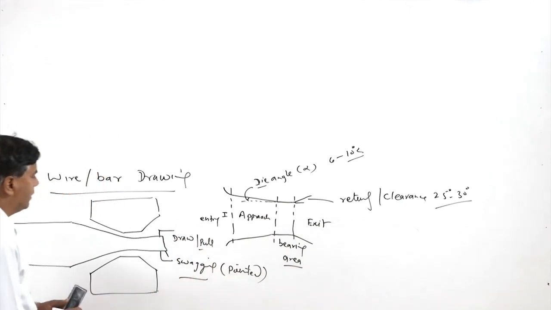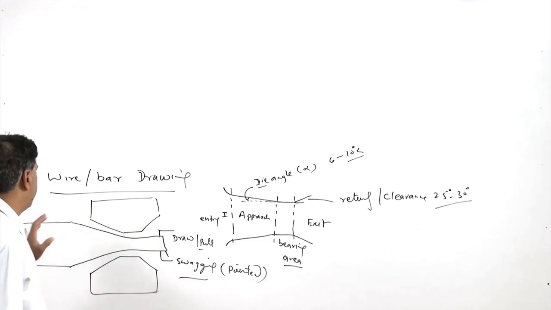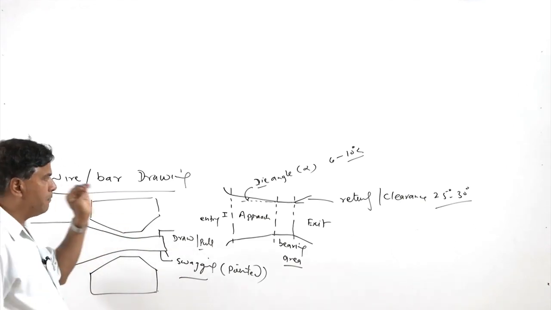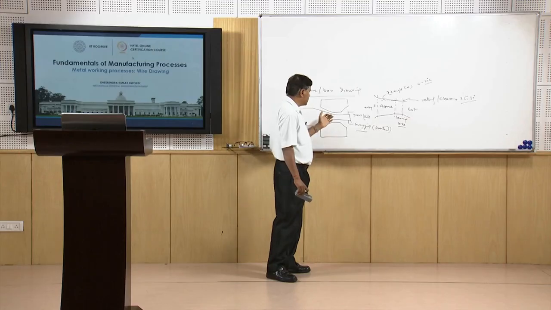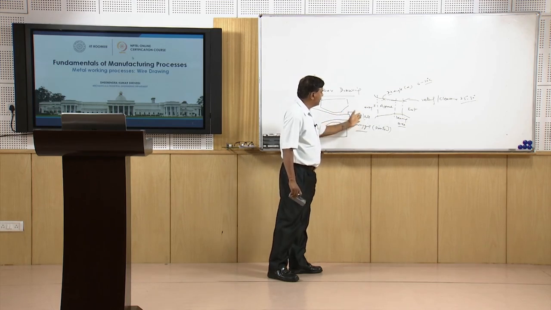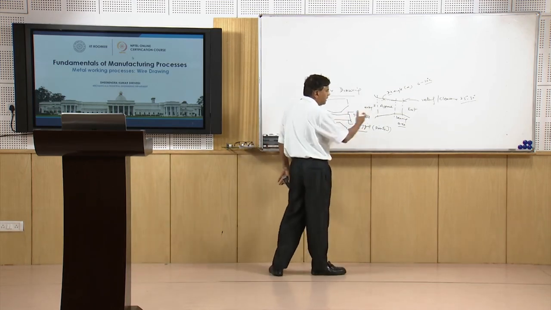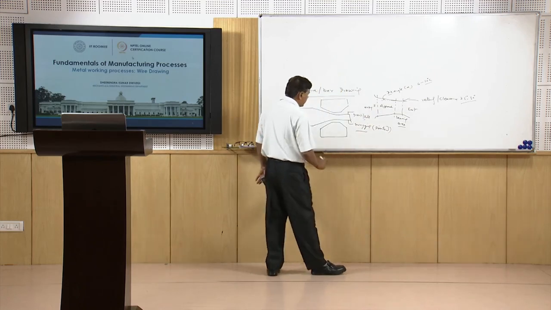So, one end of the bar which is to be drawn is inserted through the die, and then it is drawn. It is pulled with the help of a suitable mechanical arrangement.